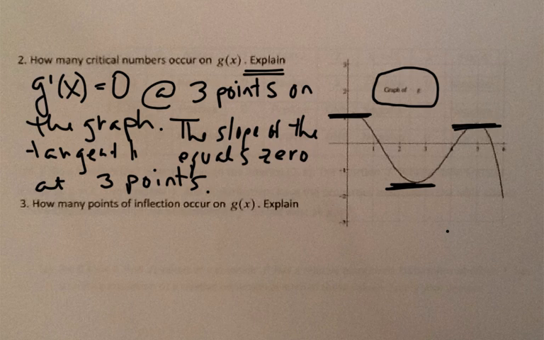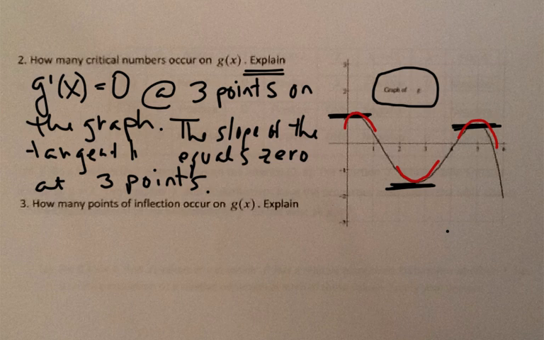Now, number 3, how many points of inflection occur on g of x? And also explain. So, what are points of inflection? That's places where the curvature changes, right? So if you look, the graph begins concave down, it switches to concave up, then it goes back to concave down.